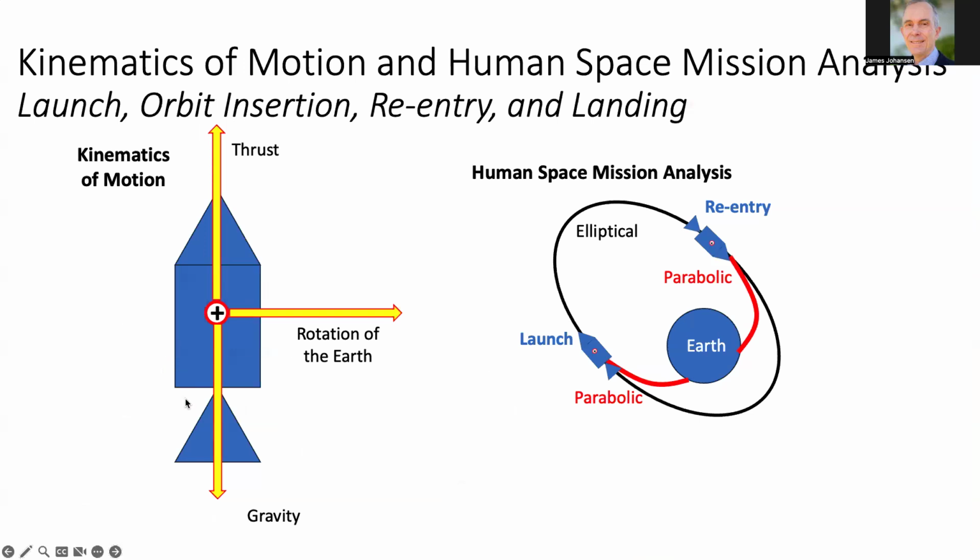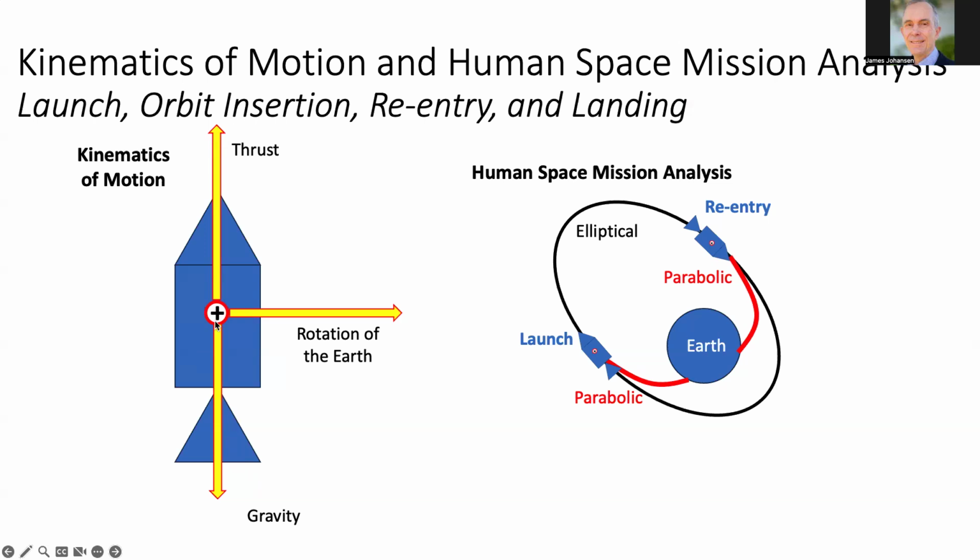So let's think about the Mercury mission, that you need to be sending up a rocket with a human being in it to be launched, to then get into an orbit and then calculate the reentry. And so this is trying to give you a sense of that. So gravity is the thing that keeps things on Earth. There's a rotation of the Earth.